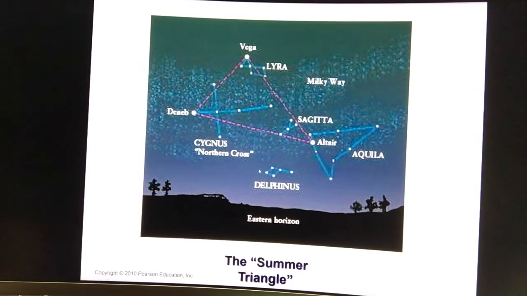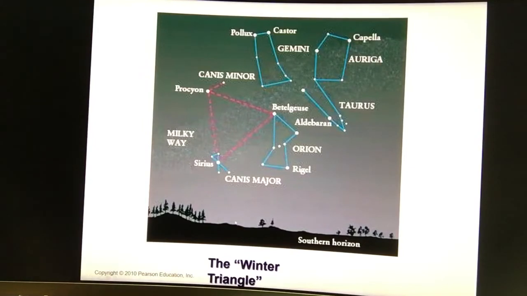Okay, and if you look at the winter sky, one of the easily recognized constellations is called the Orion constellation. You can see the shoulders here, you can see the belt, and you can see the feet here. You can very easily recognize this pattern during the winter time.